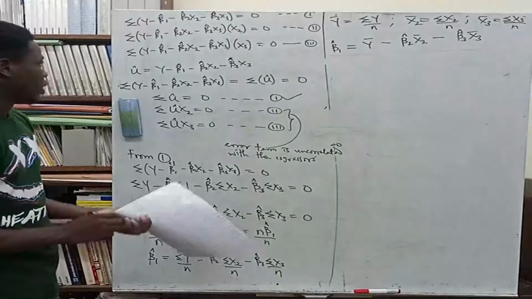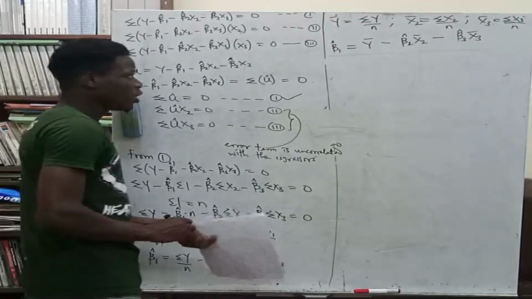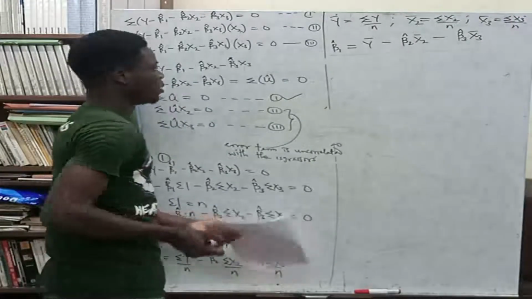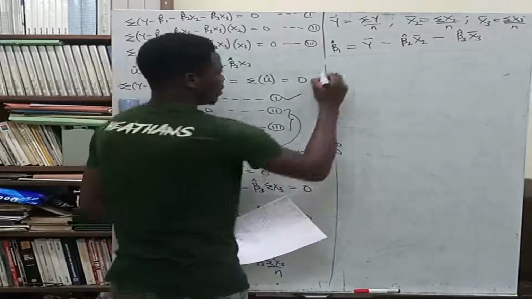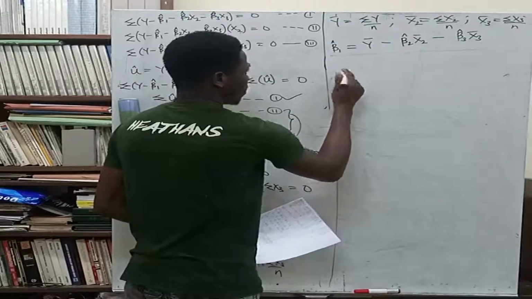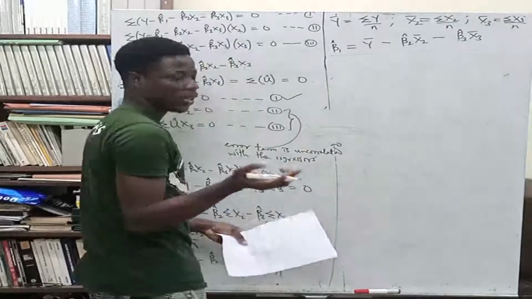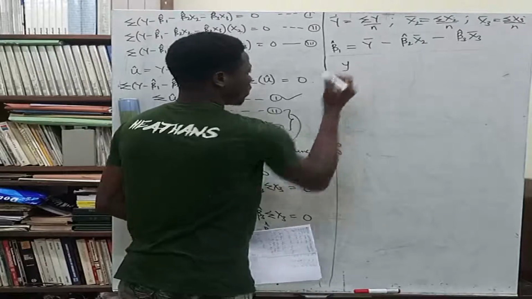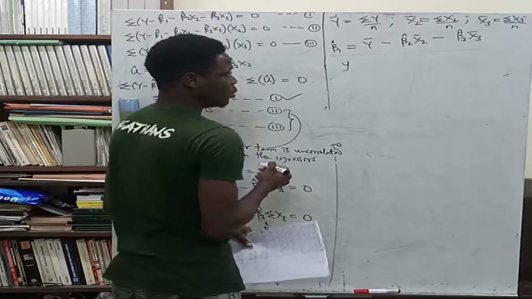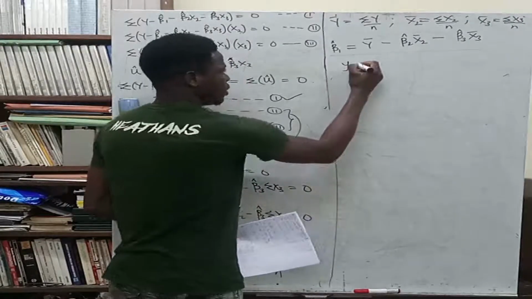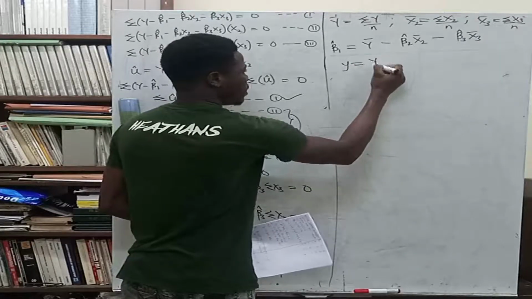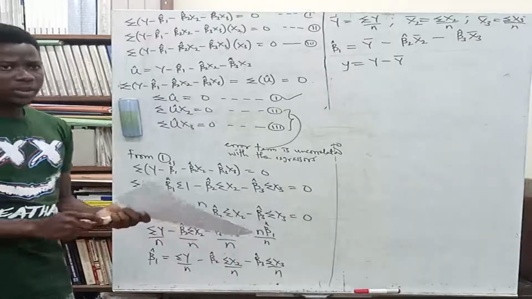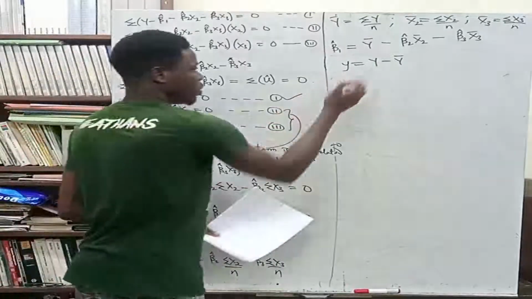But before that, what is reckoned with in regression estimation is the fact that we have our equation in the deviation form. What do I mean by deviation form? Deviation form is when you use small letters to represent your variables, and the small letters indicate that you have already subtracted your mean from the original value.